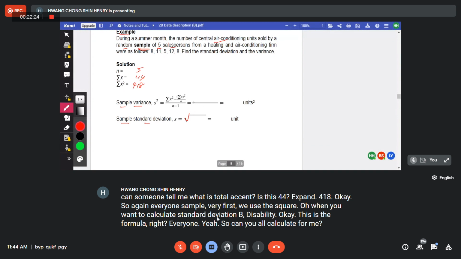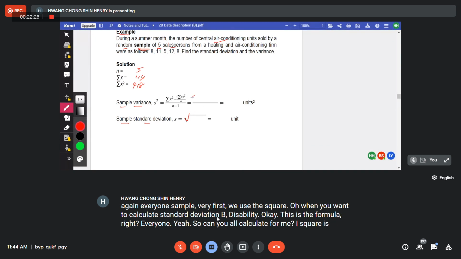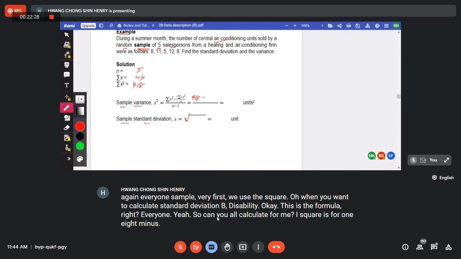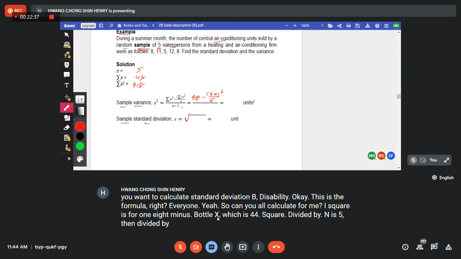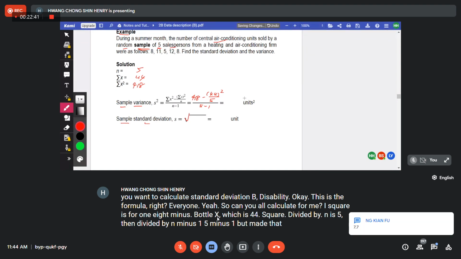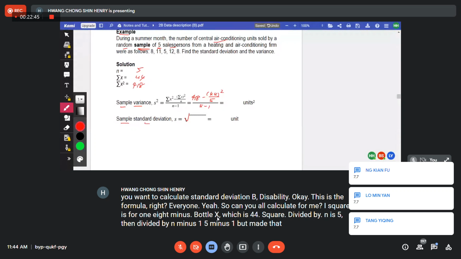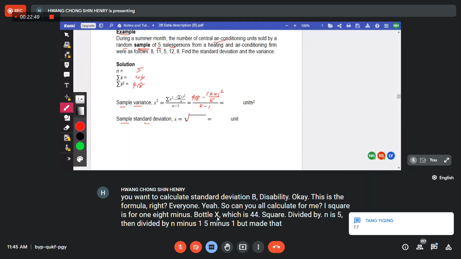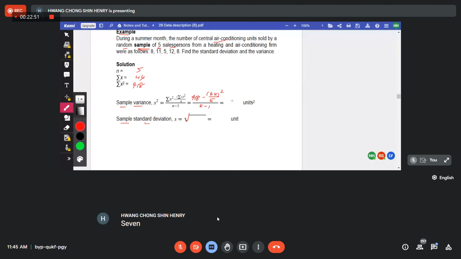X square is 418 minus total X, which is 44, square, divided by N which is 5, then divided by N minus 1, 5 minus 1. Calculator? 7.7.